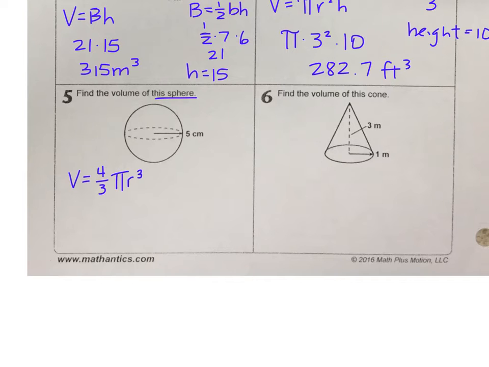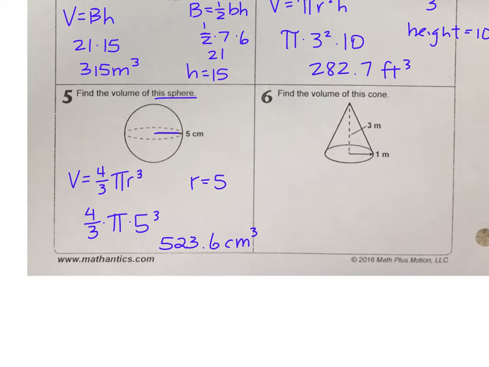This is the volume of a sphere. When I look on that paper, I find my formula. It's 3/4 pi r cubed. The r is a 5. So I just put 3/4 times pi times 5 cubed. When I type that in my calculator, I get 523.6 centimeters cubed.